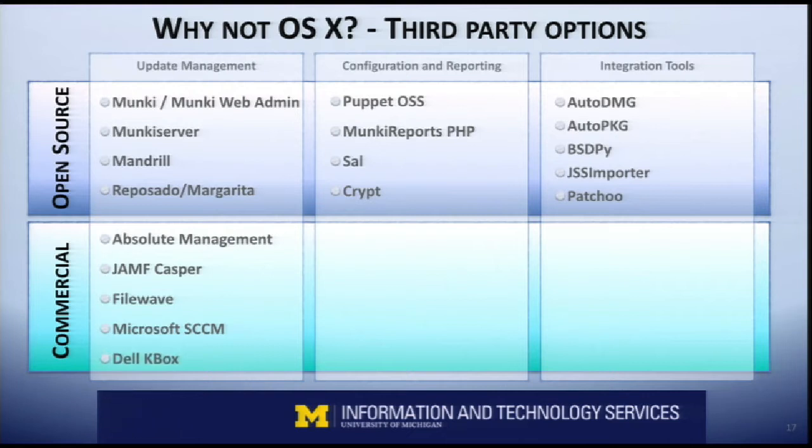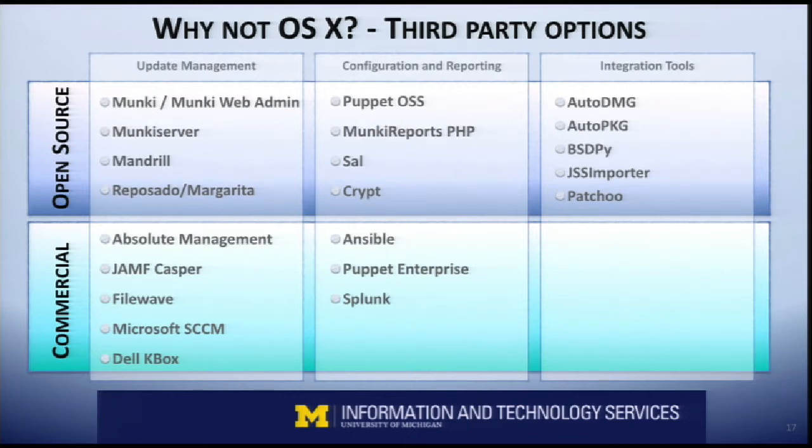So familiar names here: Absolute Management, Jamf Casper, FileWave, Microsoft SCCM, Dell also has a product still, KACE. Then on the commercial side, we have some similar tools. Obviously, Puppet has their enterprise product. Ansible, Python-based configuration management, has a commercial option.